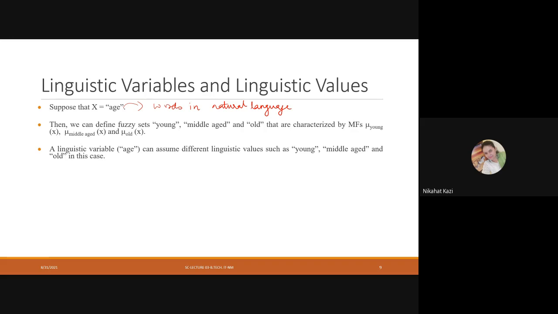So whenever you are defining a fuzzy set, you first define what is known as a linguistic variable, and then these linguistic variables will have values which are also in terms of natural language, more so in terms of description of this particular variable. So for age, the values will be young, middle-aged, old. If I say the word temperature, temperature is a linguistic variable. And what will be the linguistic values for the linguistic variable temperature?